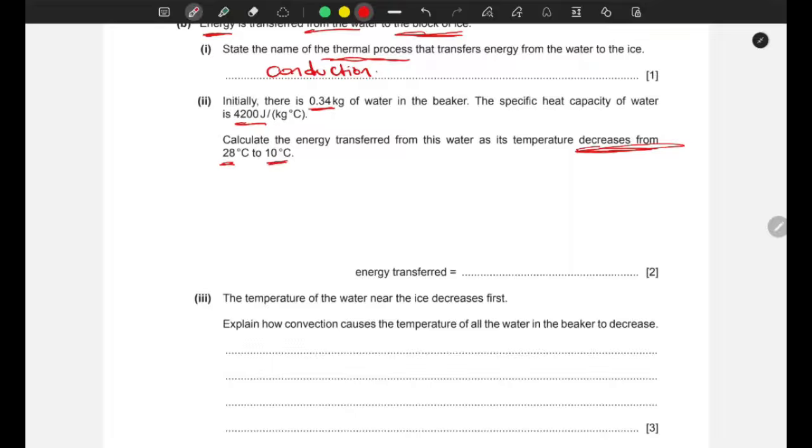Alright, so the formula for energy is Q equals mc change in temperature. So Q is the energy, which equals the mass, 0.34, times C, which represents specific heat capacity, 4,200, and the change in temperature from 28 to 10, that's 18 degrees.